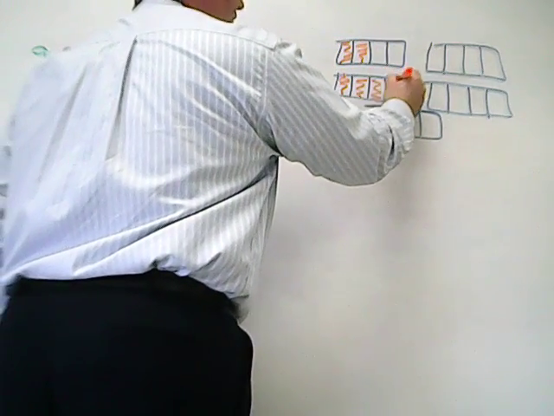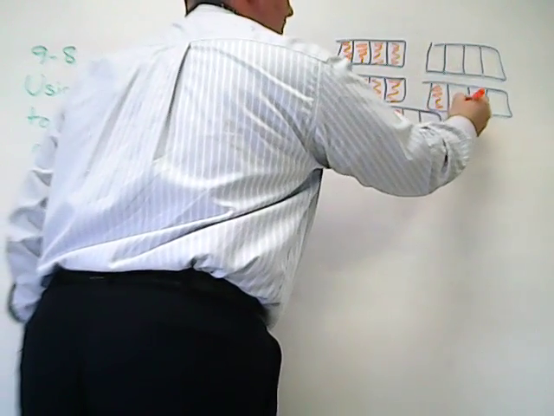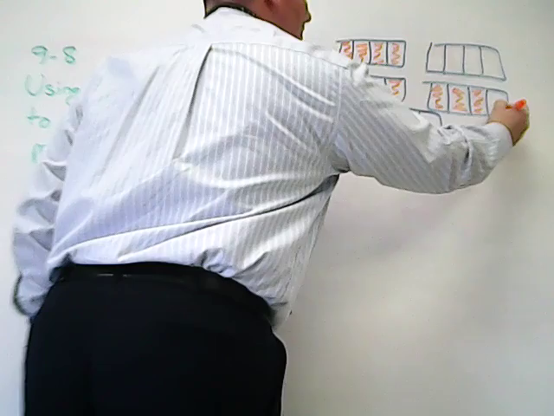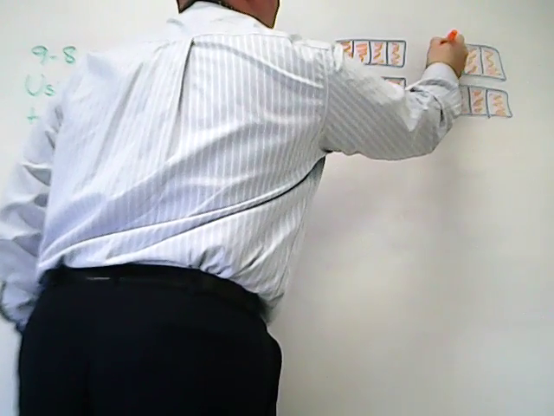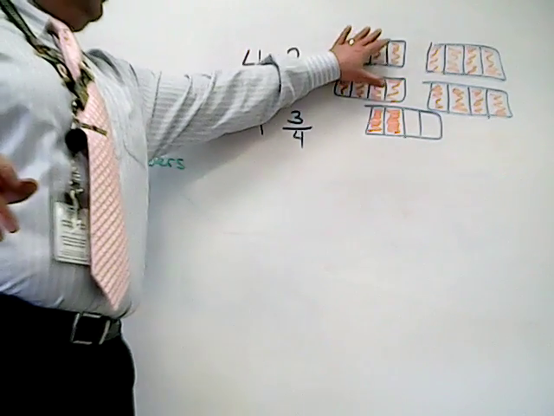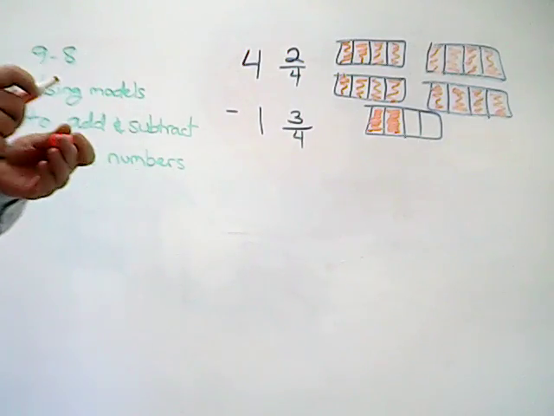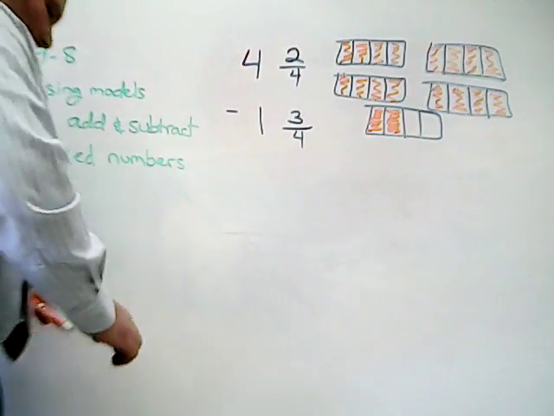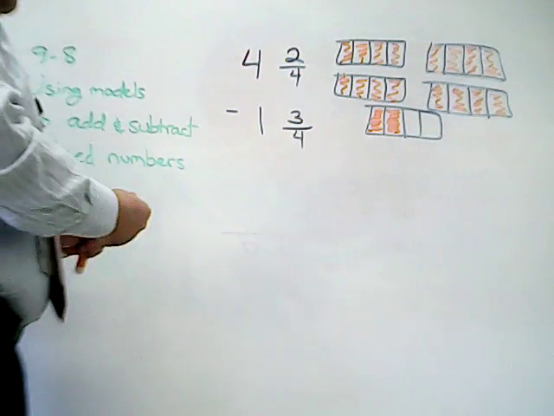And again, I'm just doing this real quickly for the sake of the video, but I want you to see the visual representation of how exactly to do this. Now, I still have my 4 wholes because all 4 have the entire model colored in. I need to take away 3/4. Well, that's actually pretty simple now.